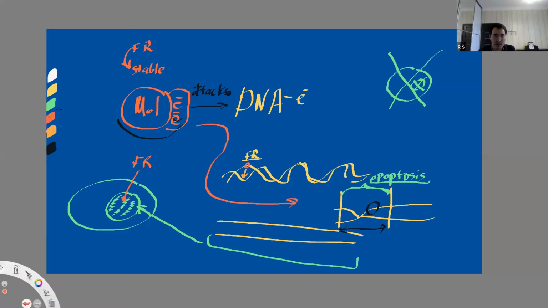And let's say this cell could not repair this DNA. If it senses unrepaired DNA structures, it sends the signal to kill itself. So this cell dies. Thank you. You're welcome.